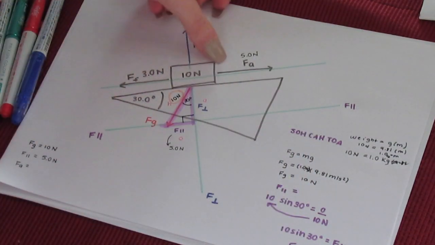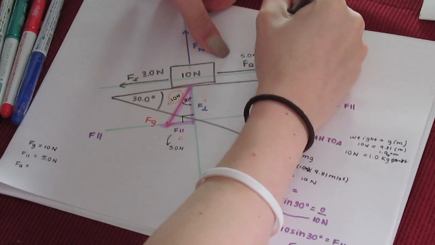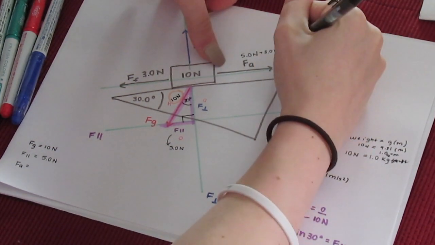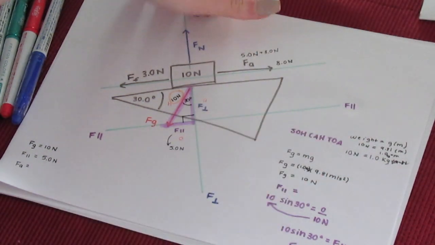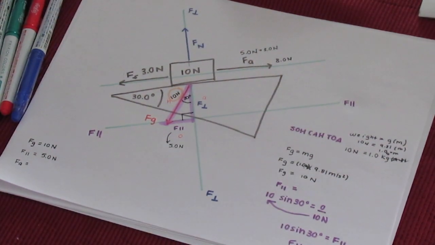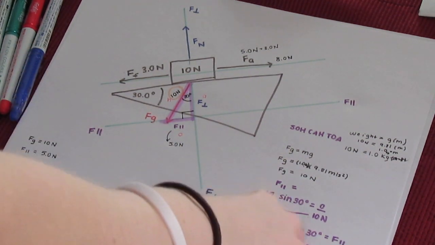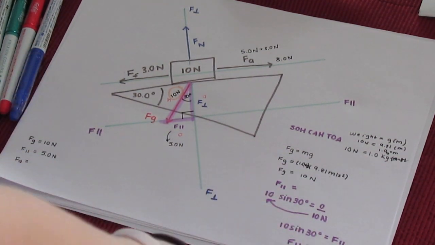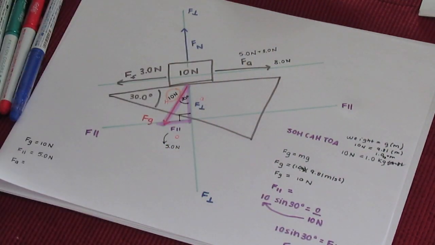But in order to pull the block up at a constant speed, you'll add your 3 newtons. And your force applied equals 8 newtons. So your F parallel equals your 10 sine 30 plus 3 newtons, and there you have your F parallel component.